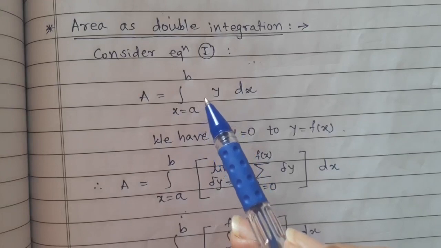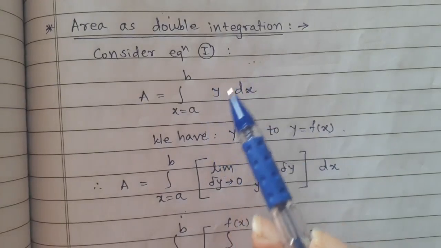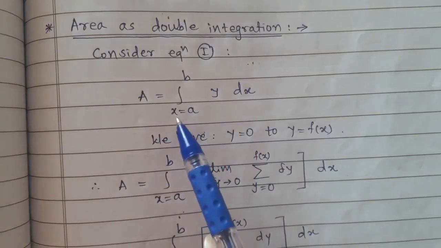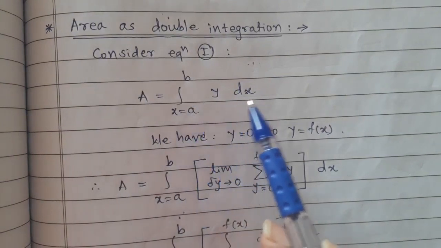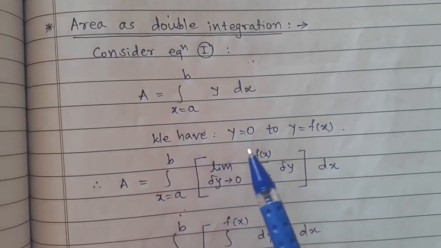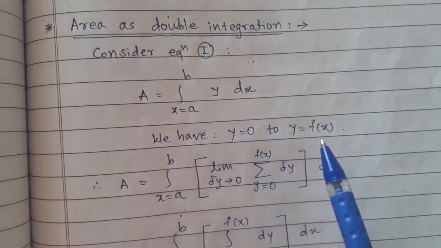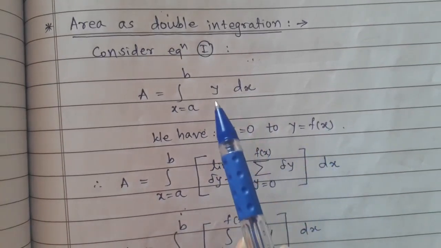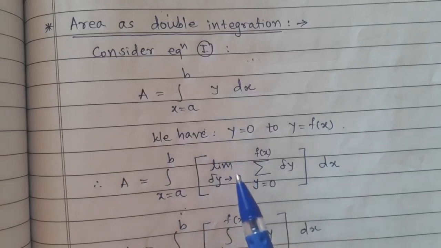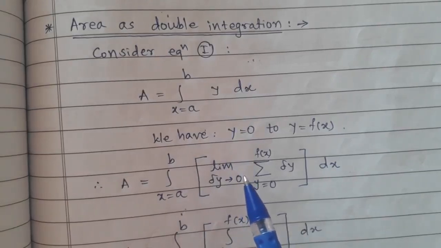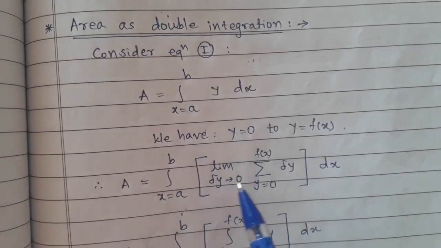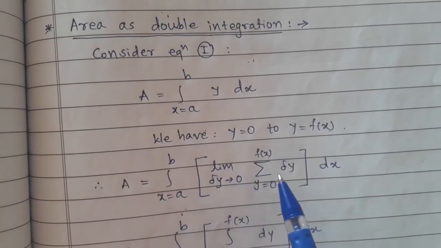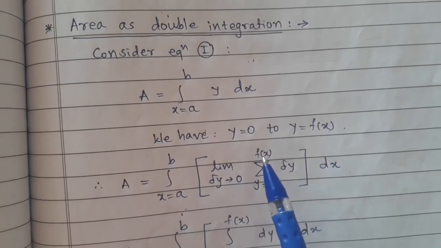For expressing area in the form of a double integration, I am considering the same result. Area is, as we already proved, the integral x from a to b of y dx. Here y runs from 0 to f of x, so we split this y into a number of small parts. So I write y as the limit delta y tending to 0 of the sum of delta y, with y running from 0 to the function f of x.